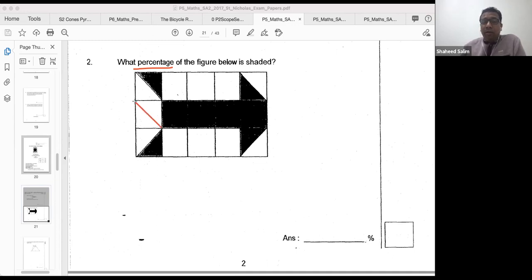Can you see now? And then you can count, you see? Because this one is square, this one is triangle. So you cut. Or you want me to cut for you? I'll cut for you. So you count the number of triangles.